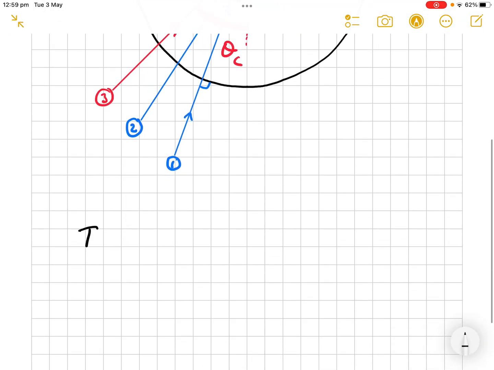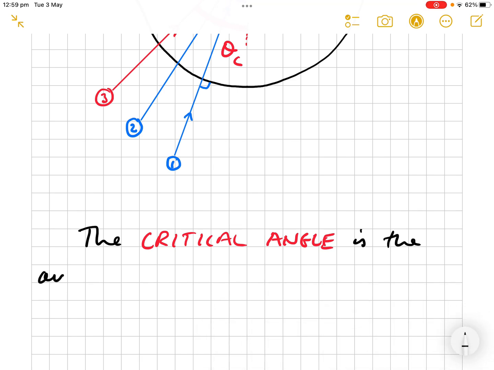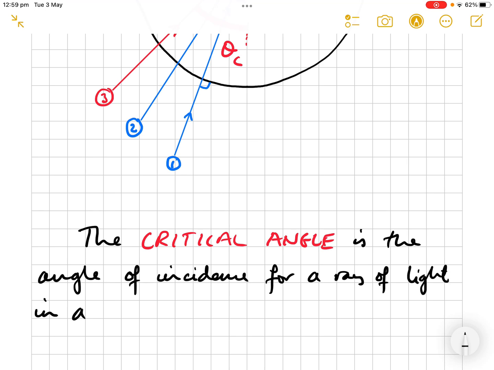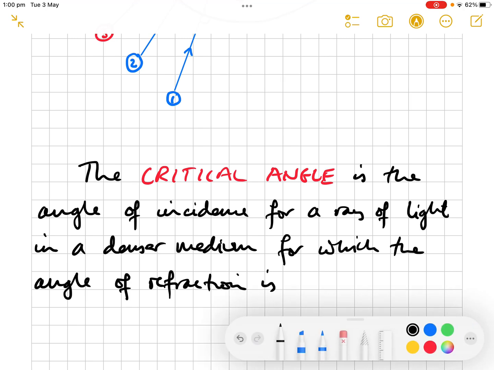Let's define the critical angle then. So the critical angle is the angle of incidence for a ray of light in a denser medium for which the angle of refraction is 90 degrees.